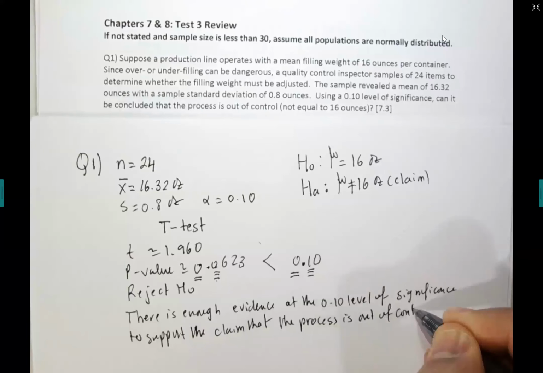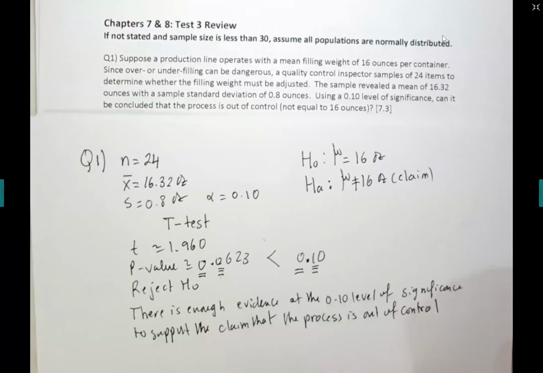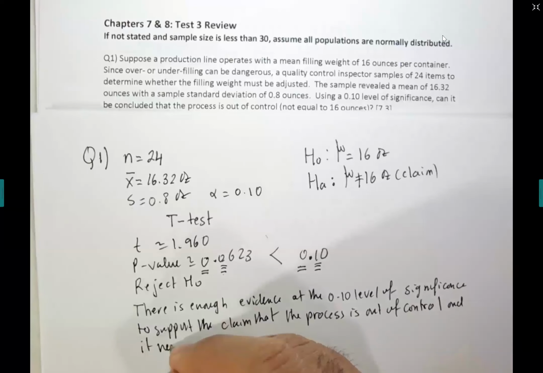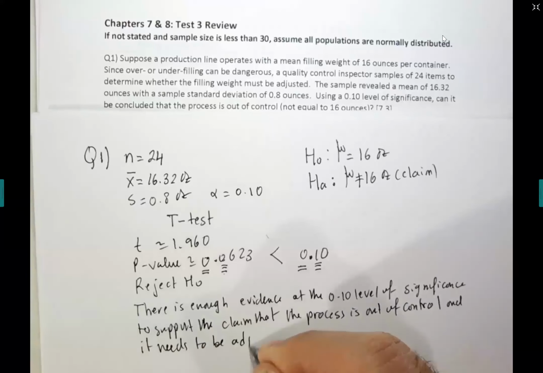Out of control means it's not exactly 16, and it needs to be adjusted.